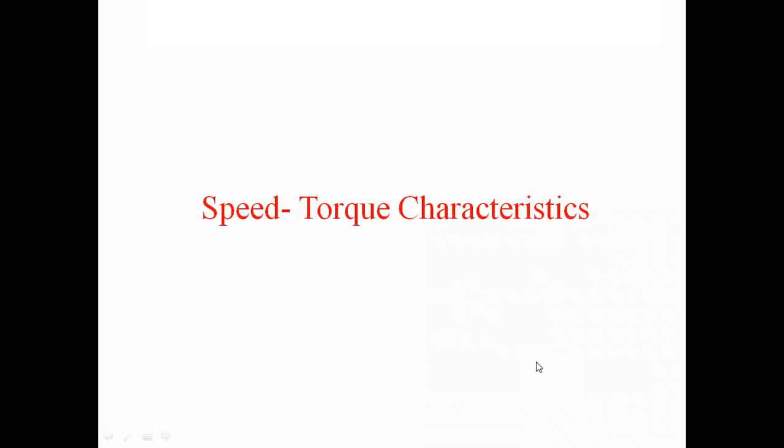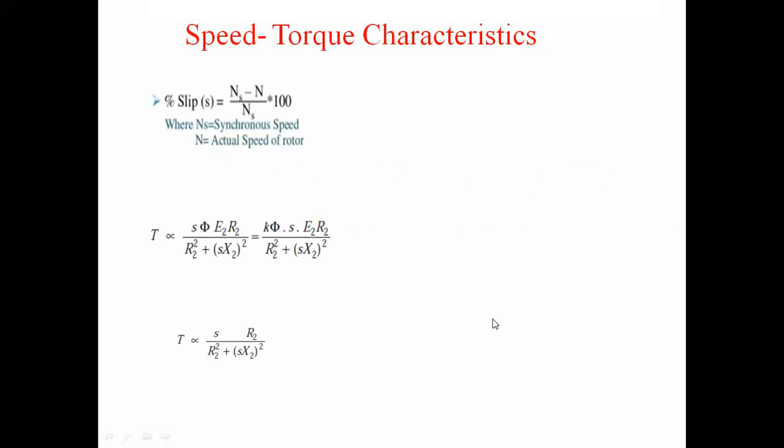Okay. So next part we will see about the speed-torque characteristics of induction motors. For finding the slip-torque characteristics, we should know the formula for the speed as well as the torque value.